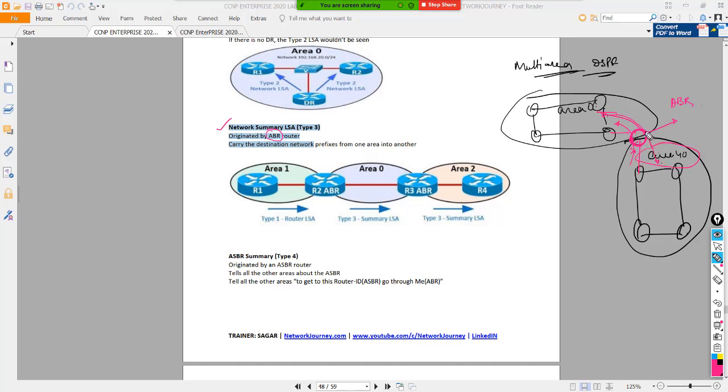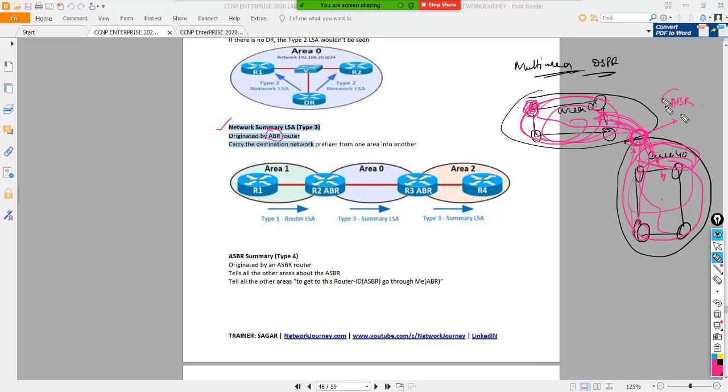It will tell area 0 about all the different types of networks, and in a similar way, all the network types or prefix lengths you have in area 0 will be advertised in area 40. So basically this router will know how to reach this router, so there will be end to end ping reachability.